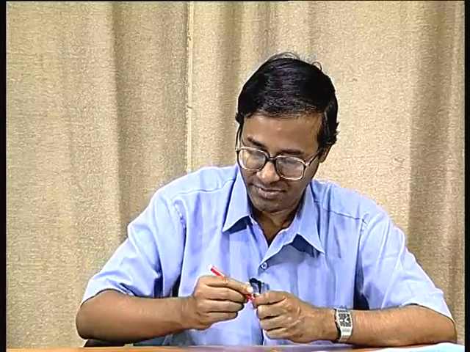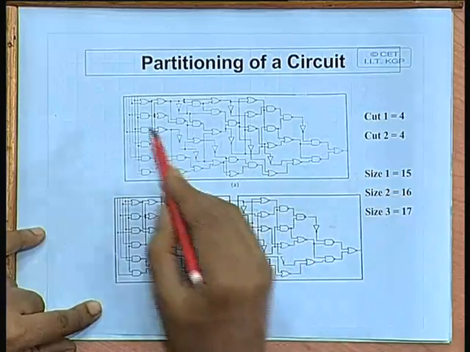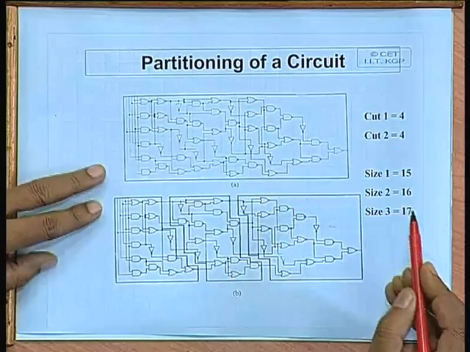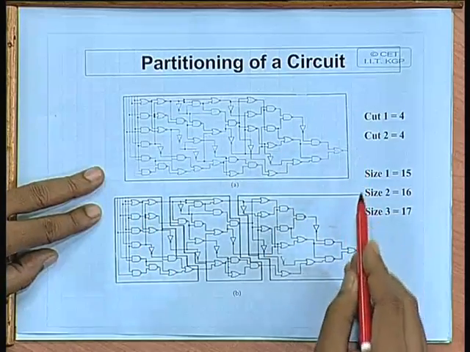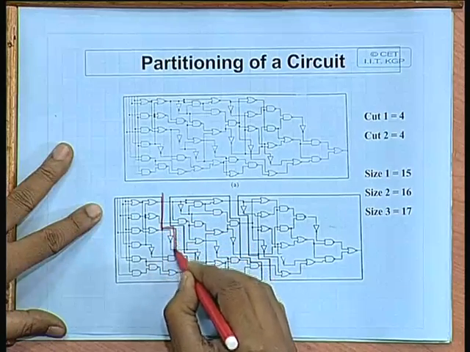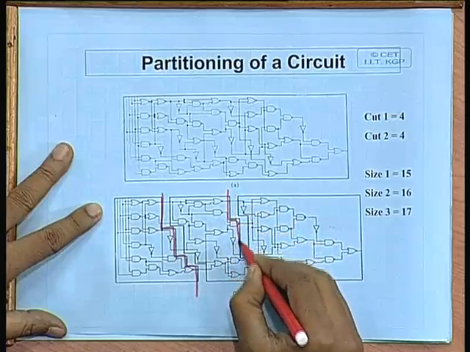Let us take a very simple example. This is a gate level netlist. Of course, the gates are very small, and I am not sure whether we will be able to see it very clearly. This diagram shows a gate level netlist on top. We are partitioning it like this: this is one partition, this is another partition.